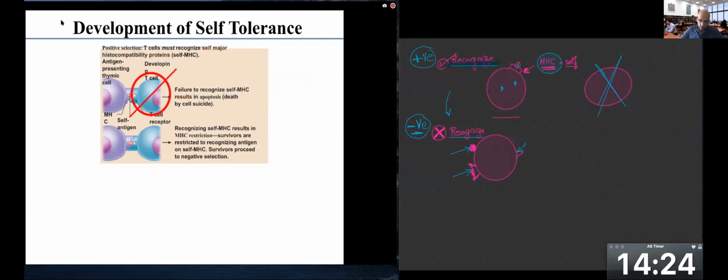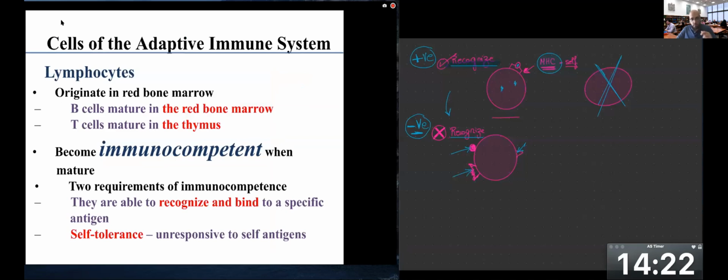All right, so again, what is the story here? We start by forming the lymphocytes in the red bone marrow. They need to get their education. The B lymphocytes get their education in the red bone marrow, and the T lymphocytes need to travel outside of the bone marrow to the thymus gland.